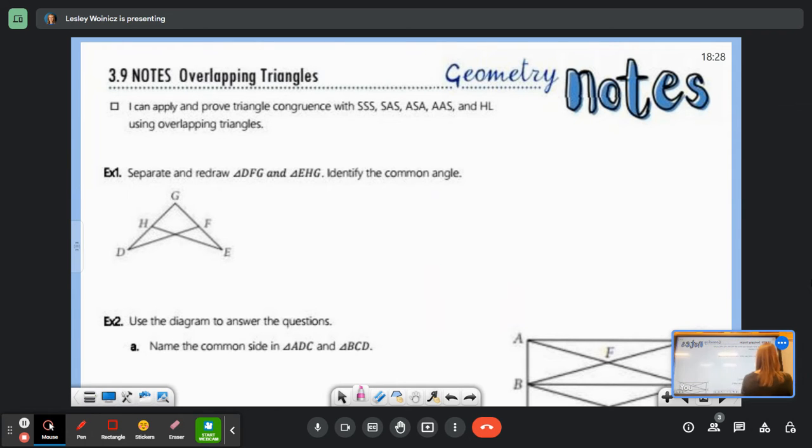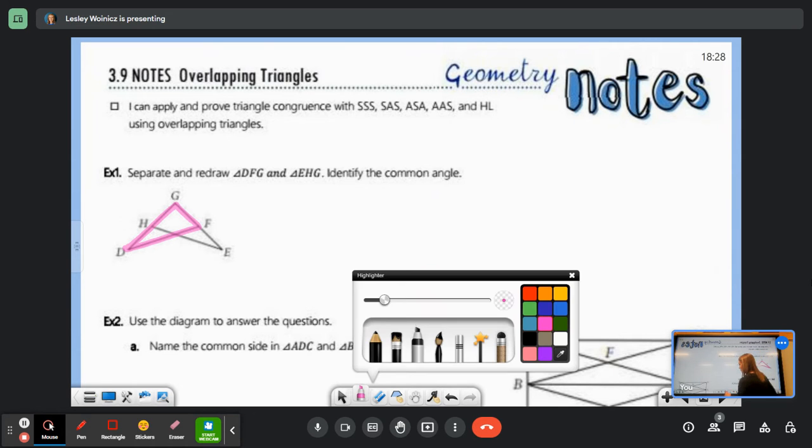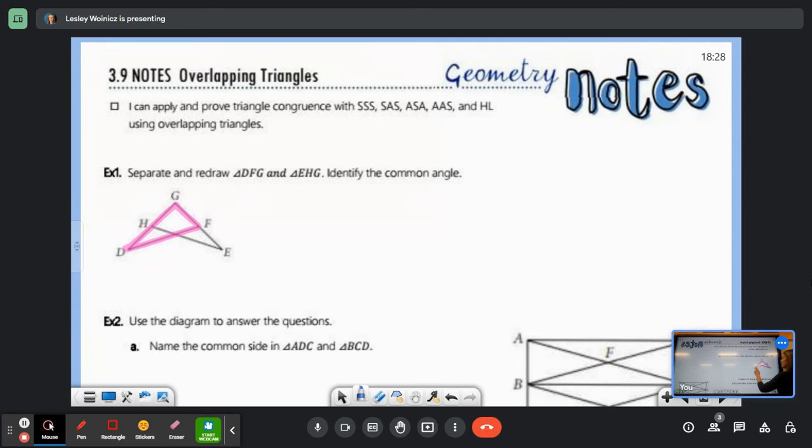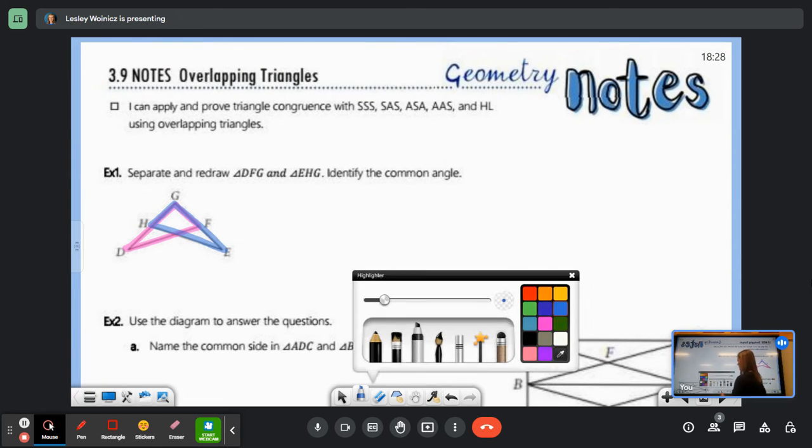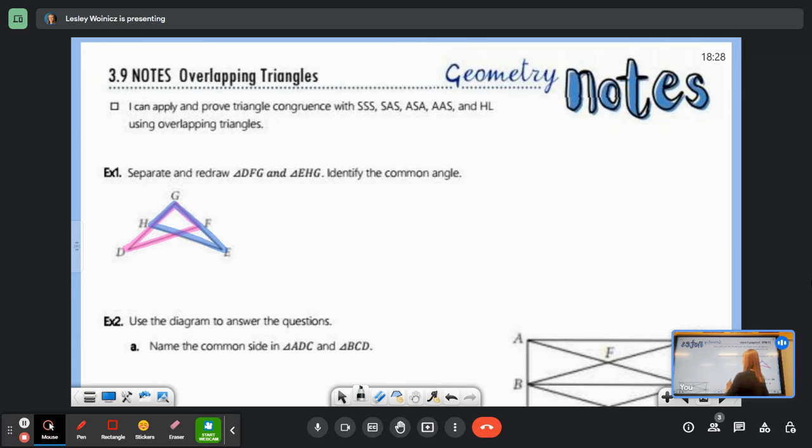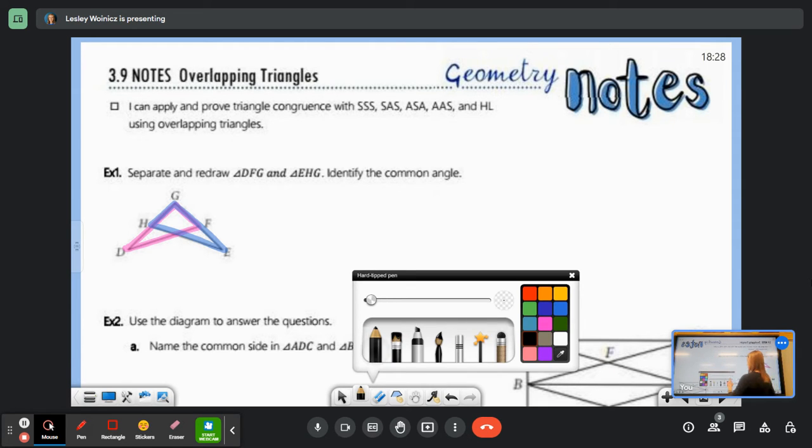Our first example asks us to separate and redraw triangle DFG. That's this one. And triangle EHG. So this is how we separate them. We just do our best because maybe none of us are artists.